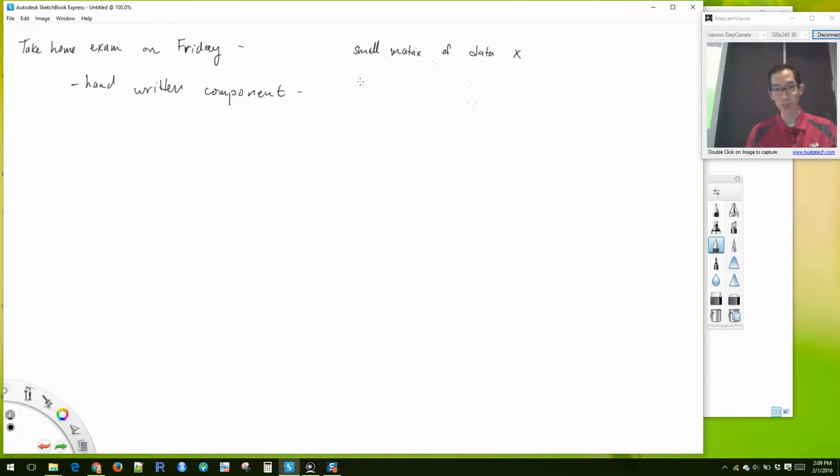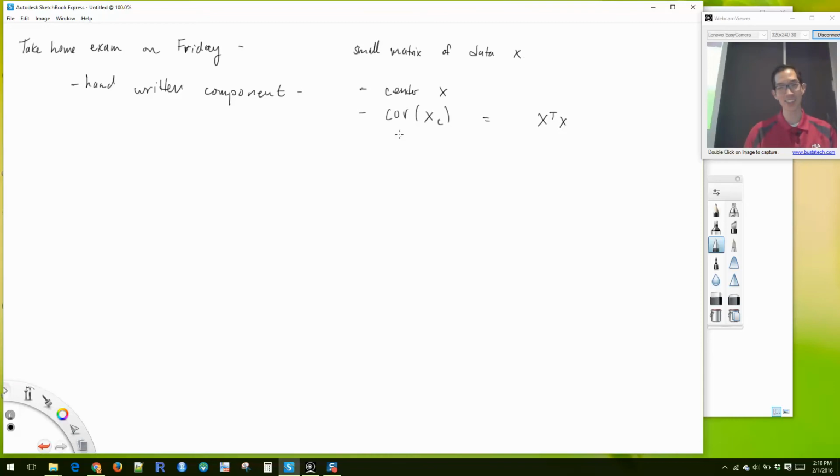Okay, so small matrix of data, and then we'll basically just do a little bit of PCA manually. So you'll center X, and then you'll find the covariance of your centered X, which is basically just what, X transpose X or XX transpose? I always get these mixed up. One of these. XX transpose? No, X transpose X. Sorry.